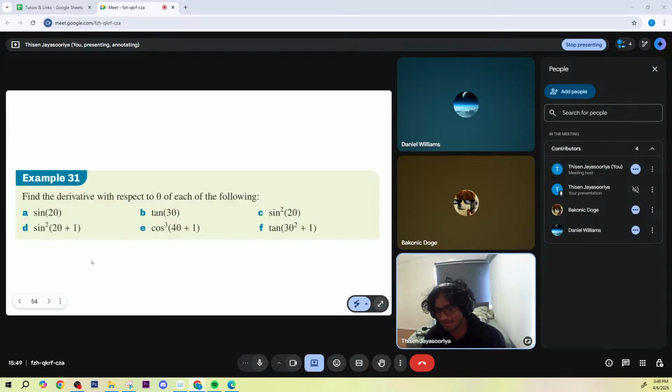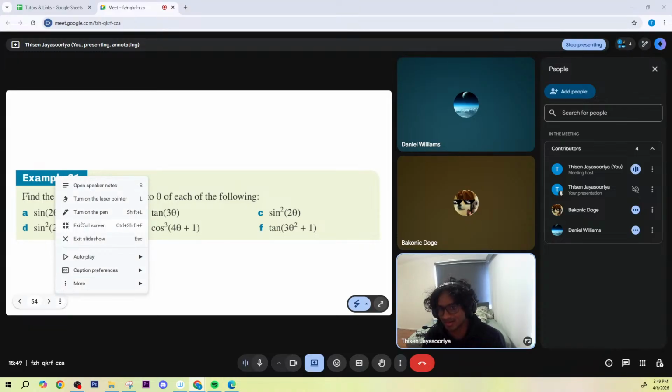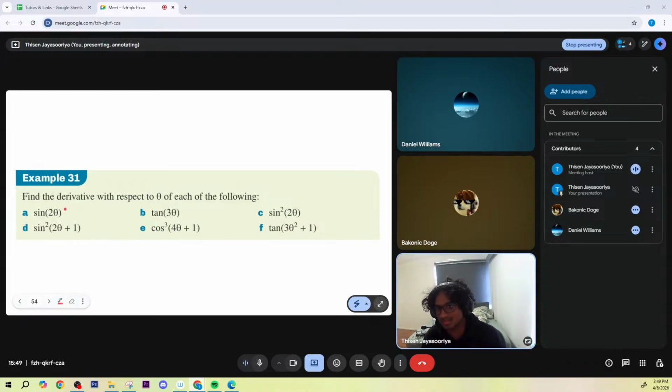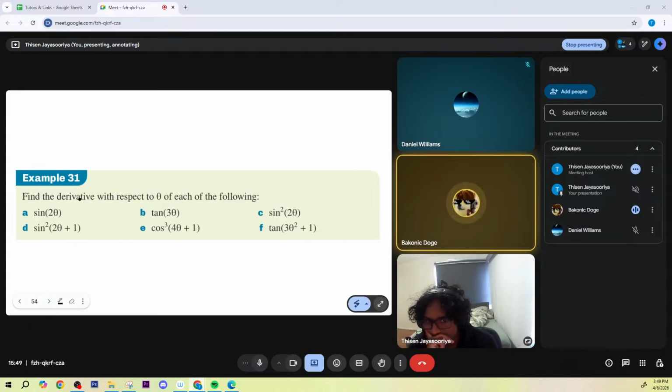So here, right? What's the outside function here, Joe? Outside function would be cosine u, cosine 2u.